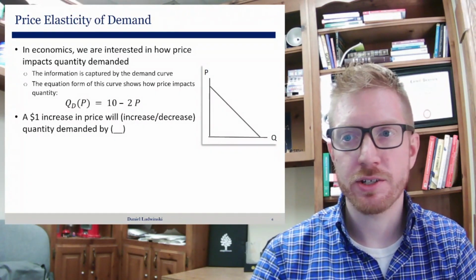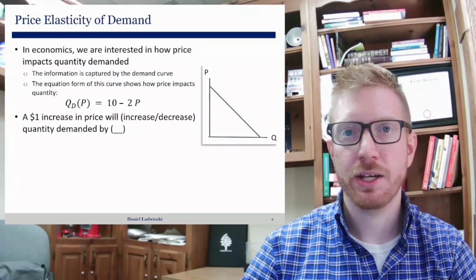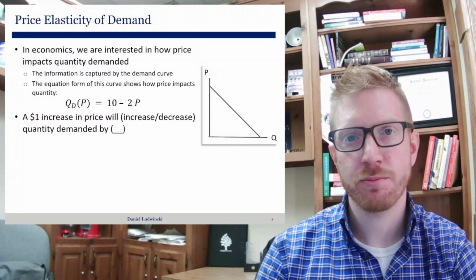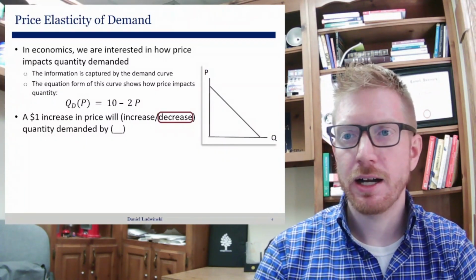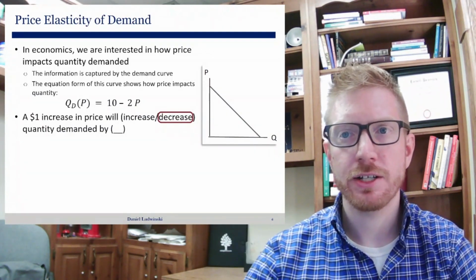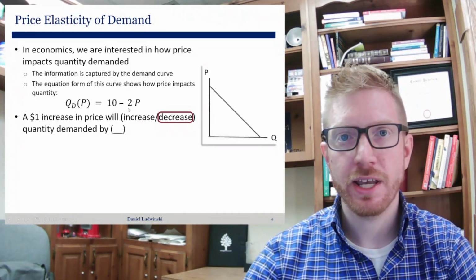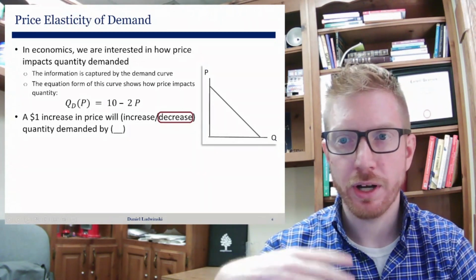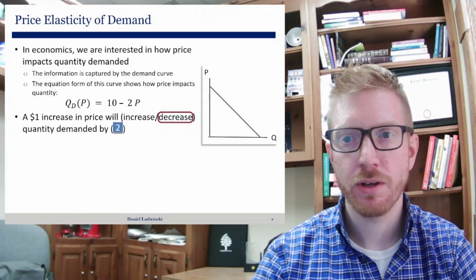Using this linear demand curve, hopefully you remember the law of demand, which tells us that an increase in price leads to a decrease in quantity demanded. And we also know that, because we have the slope of 2, the coefficient of -2 here, that $1 increase in price is going to decrease quantity demanded by 2.